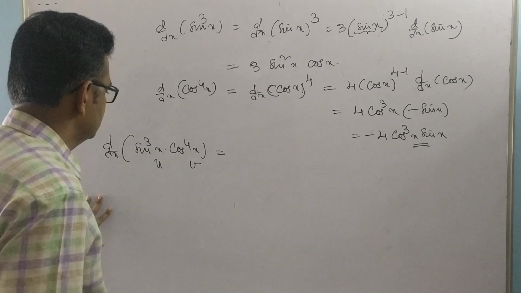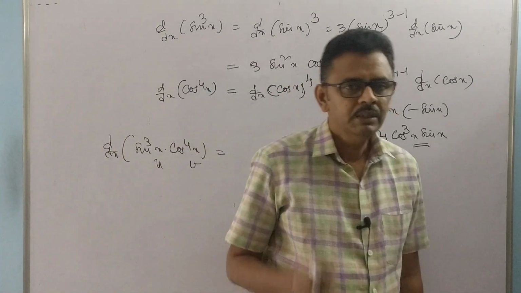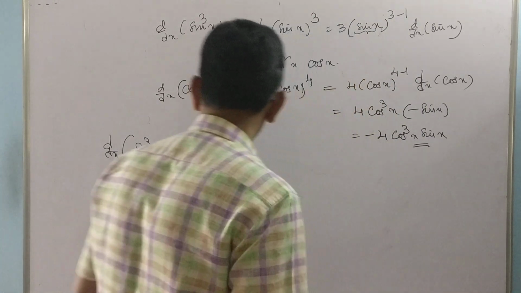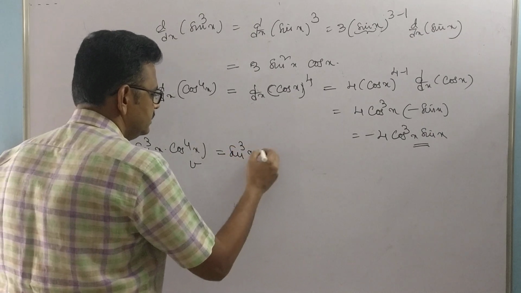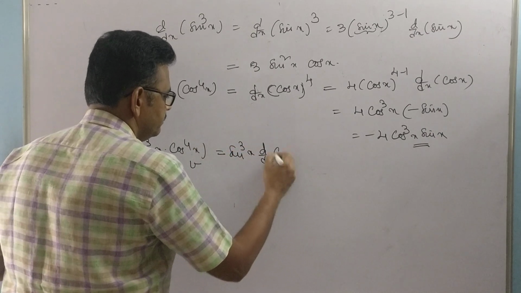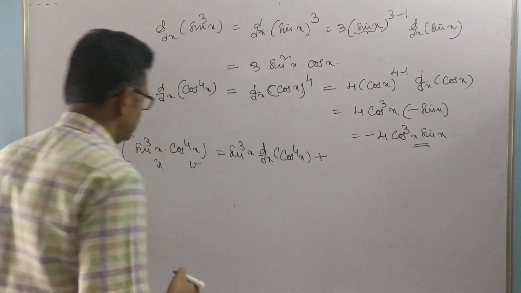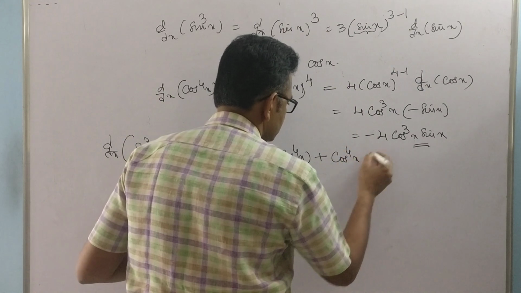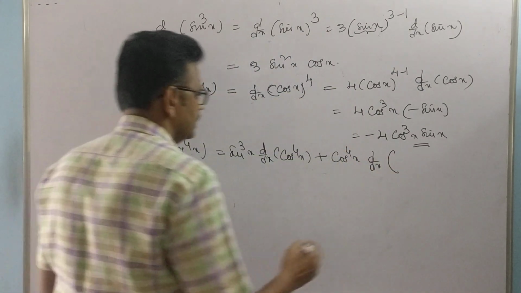Derivative of UV is first function into derivative of second function plus second function into derivative of first function. So this is sin cube x into derivative of cos power 4x plus cos power 4x into derivative of sin cube x.